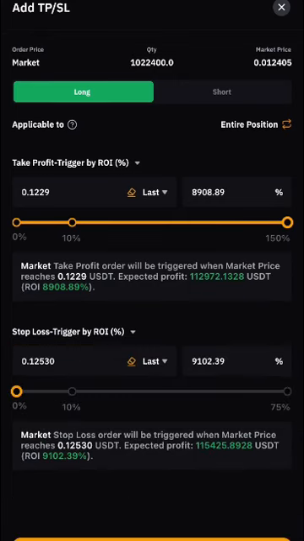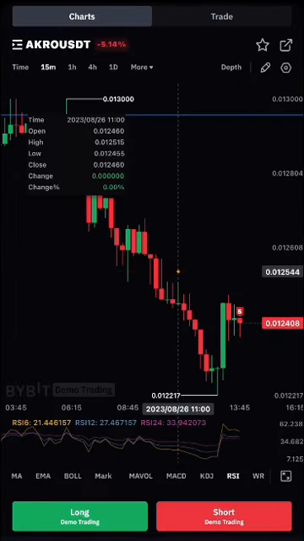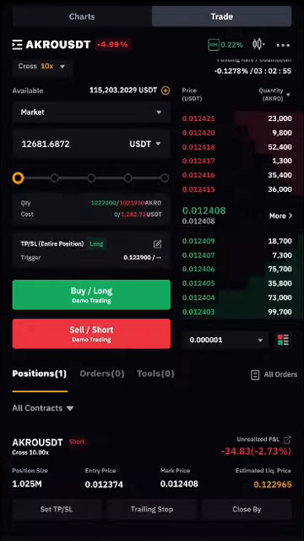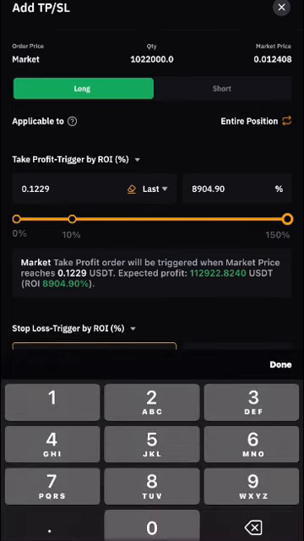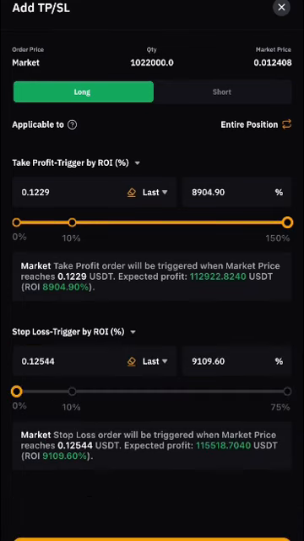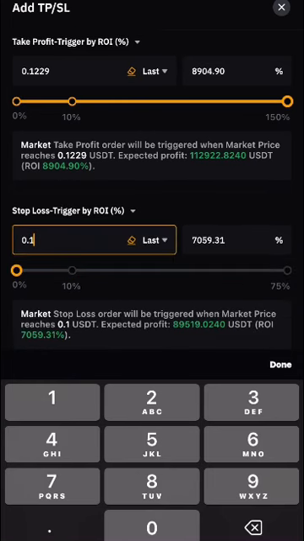No, I made a mistake, sorry. It's 0.12544. So you go back, click, and this is stop loss. The one above is take profit, the one below is stop loss.